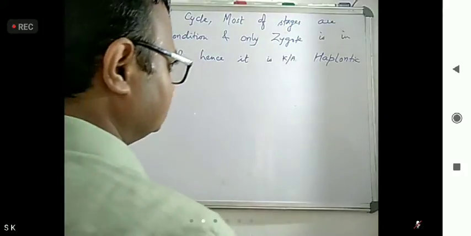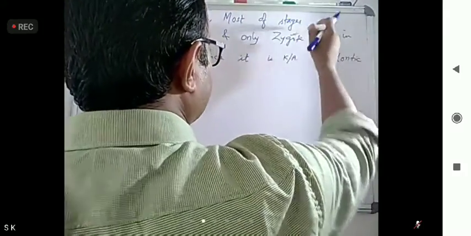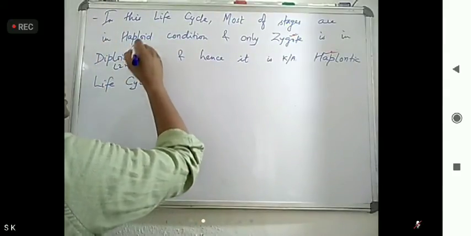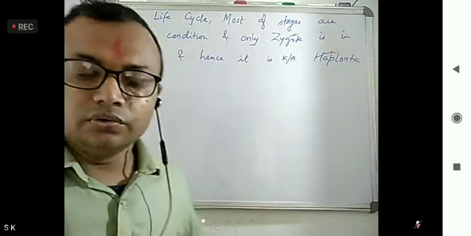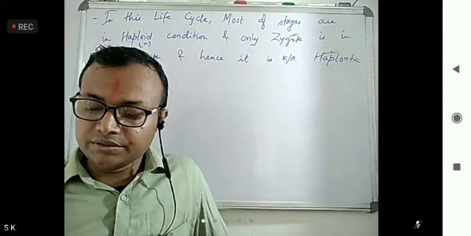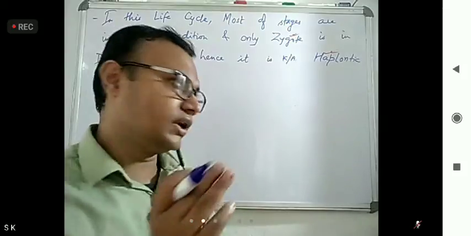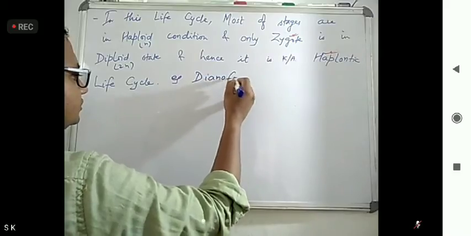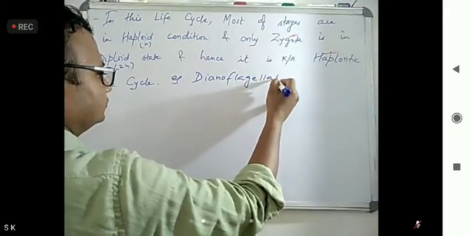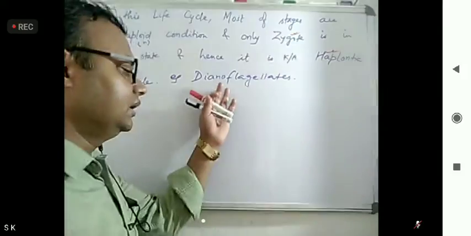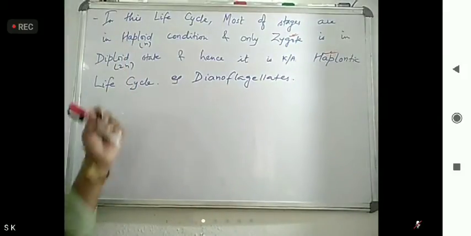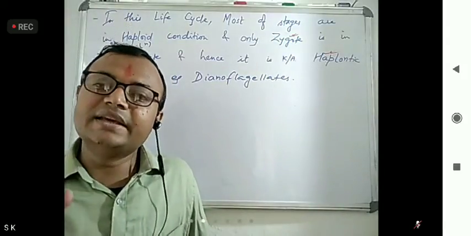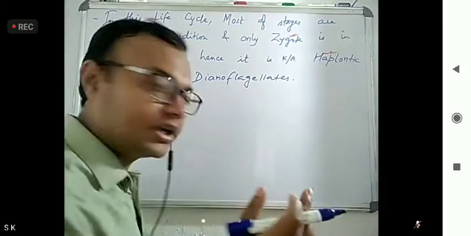Understood? Only the zygote is diploid, meaning 2n, and the rest is n. An example we can take is dinoflagellates. Now next we have to come to the second type of life cycle, that is gametic meiosis. So we have to look at the life cycle showing gametic meiosis.